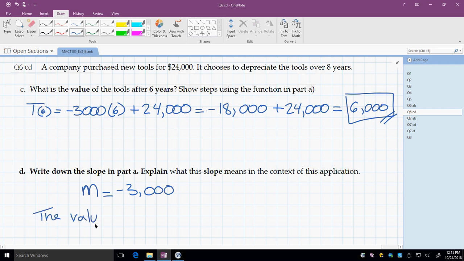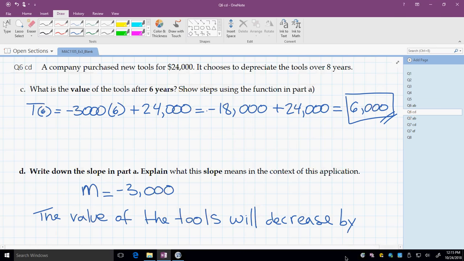And write this out: value of the tool will decrease by $3,000 per year.